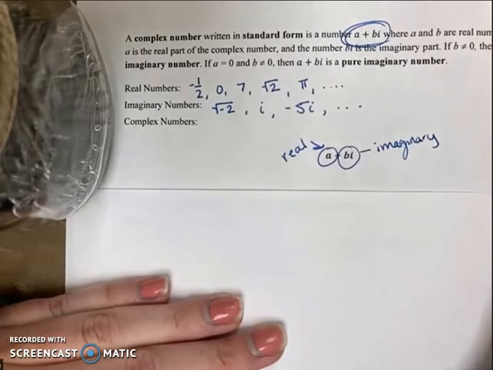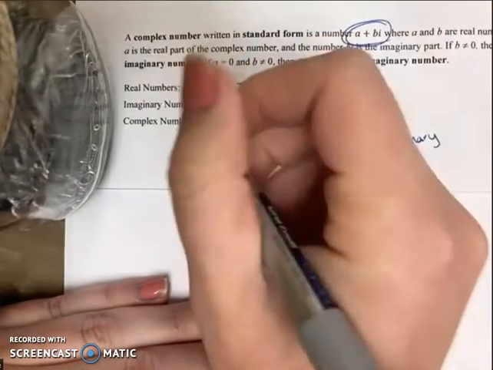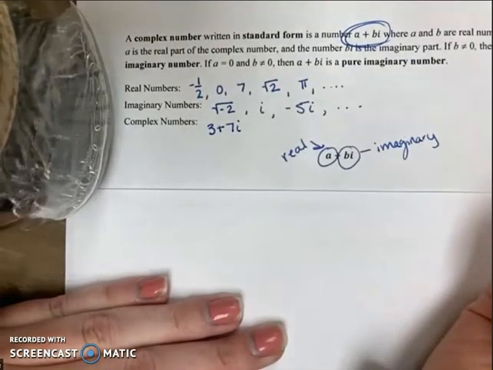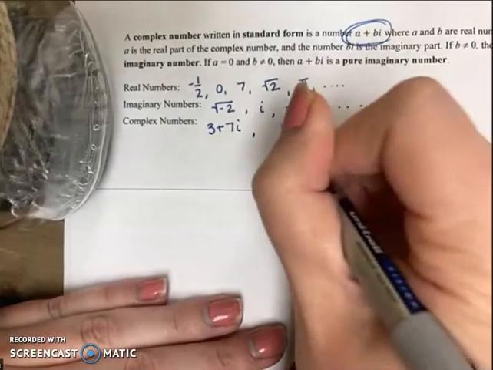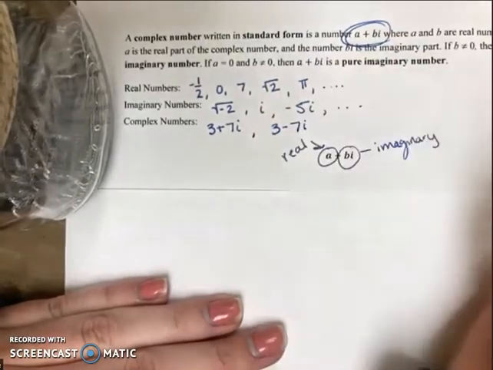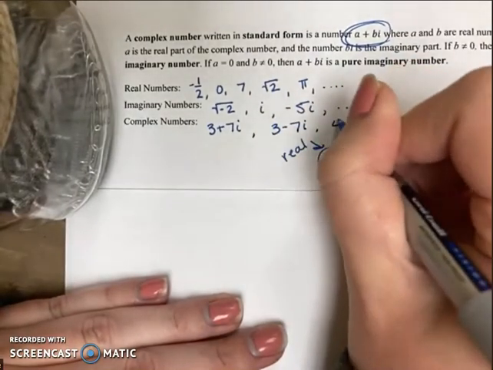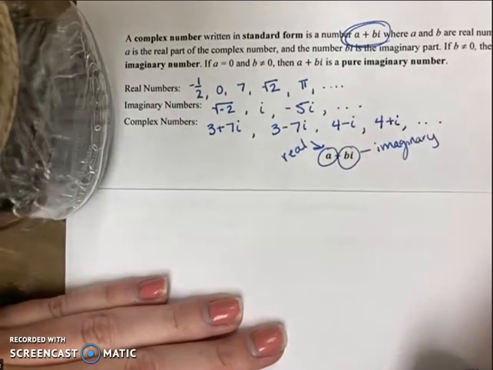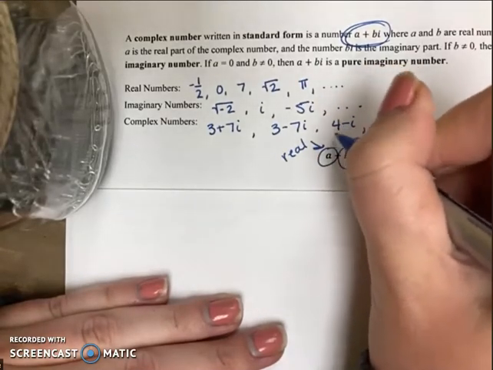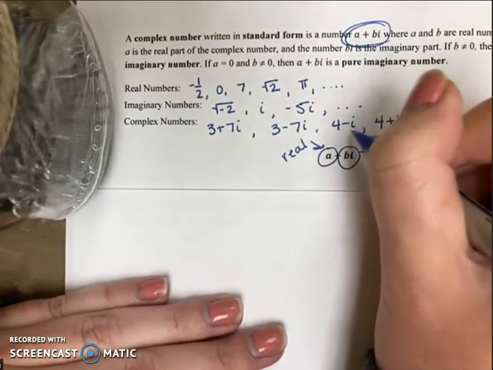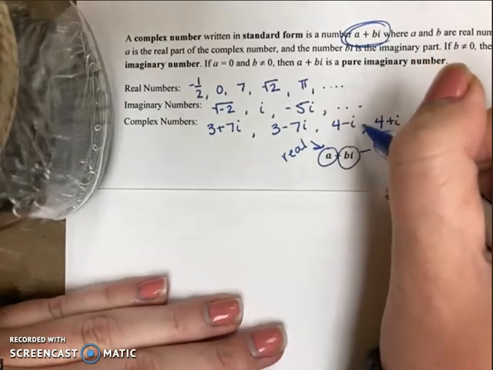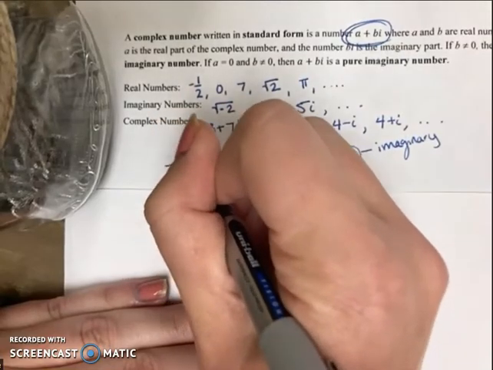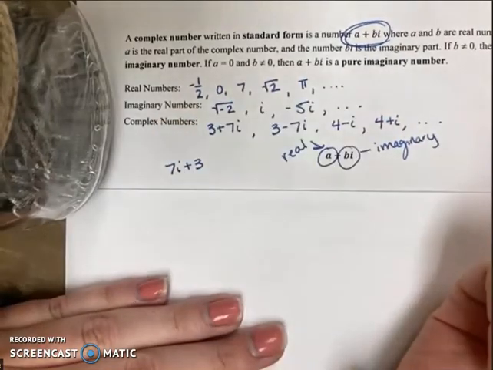So an example of a complex number would be 3 plus 7i, or 3 minus 7i, 4 minus i, 4 plus i. Anything as long as the real number is out front and the imaginary is afterwards. If you did write 7i plus 3, I just flipped these two around.